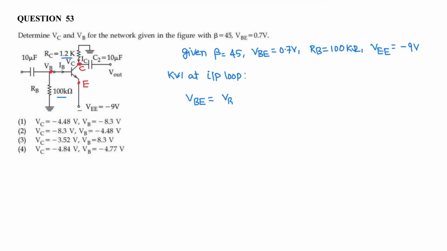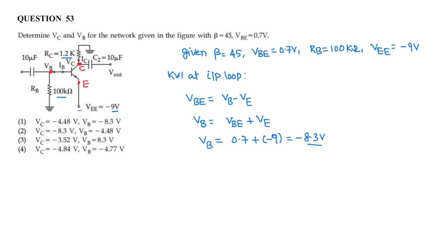So from this base voltage VB is VBE plus VE. VBE voltage is 0.7 volts, VE voltage is minus 9 volts. Therefore, base voltage VB is minus 8.3 volts.